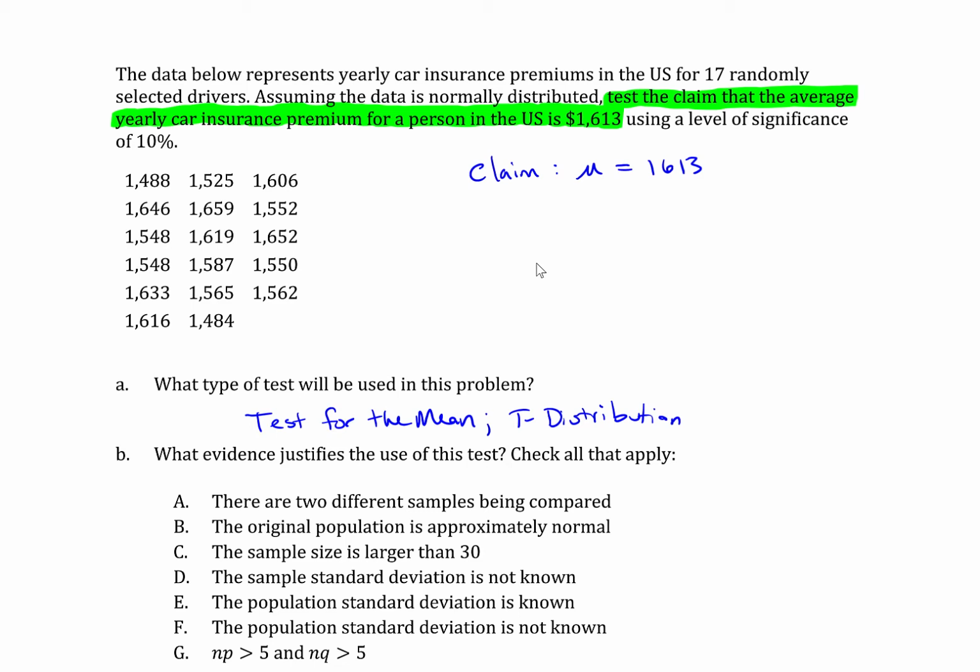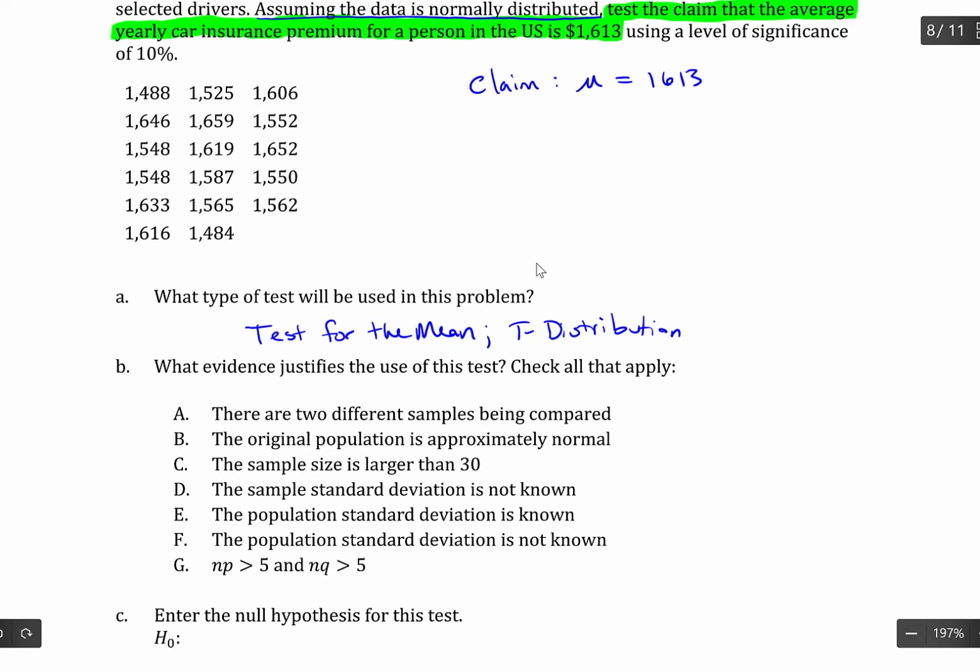Our data set is not very big. I definitely would not say that it's more than 30 items. So what we need is the data to be normally distributed. That's why we have this statement right here: assuming the data is normally distributed. That's great, because it tells us that we are allowed to use the t-distribution.